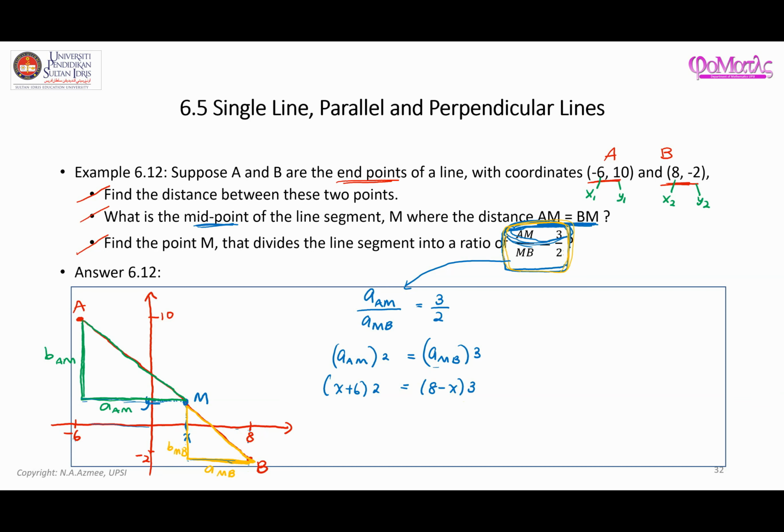Next, we're just going to solve X. That will be 2X plus 12 is equal to 24 minus 3X. 5X is equal to 24 minus 12. So 5X is just 12 and X will be 12 over 5.